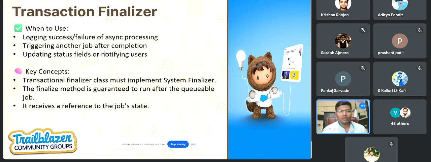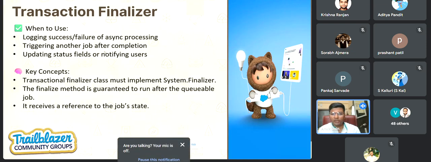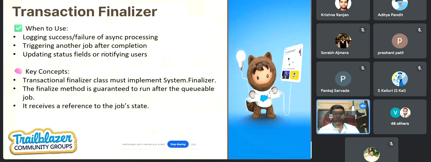Or suppose any error comes up, how do you handle it? Instead of doing try catch all over the code, you can have one place in the finalizer, a recovery mechanism where you can log the errors and insert those records, or do it through a platform event. Either way you can handle it.